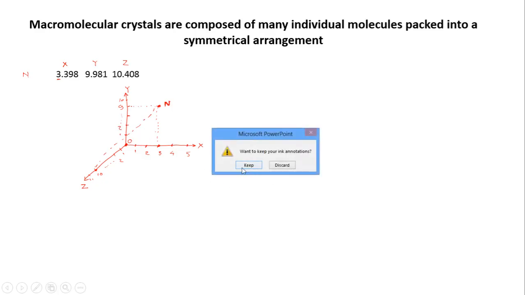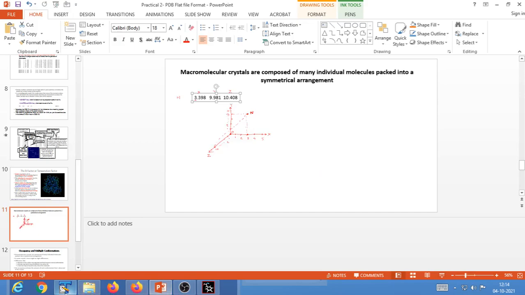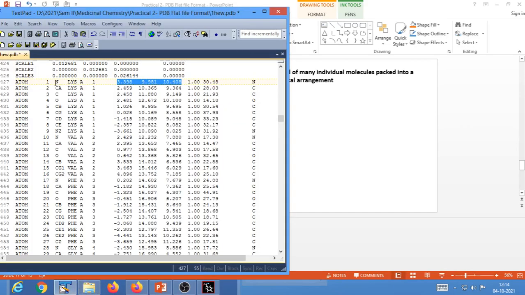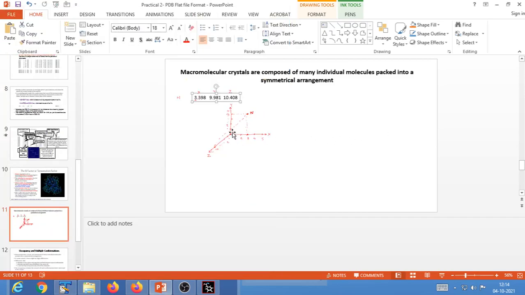Each and every line in your PDB file would start out with an atom, and each and every atom will have the 3D coordinates. The first column corresponds to the x coordinate, the second column corresponds to the y coordinate, and the third column corresponds to the z coordinate. And these coordinates are in reference to the origin of your Cartesian system.